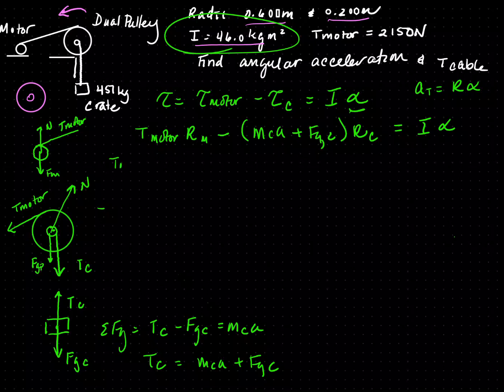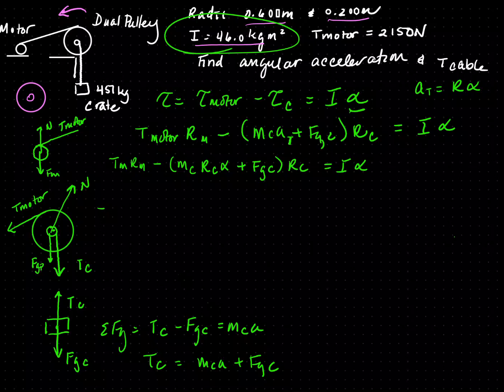This becomes T motor R motor minus Mc, and a tangential becomes Rc alpha, plus Fgc Rc is equal to I alpha. So now I'm going to put all the alphas to one side.